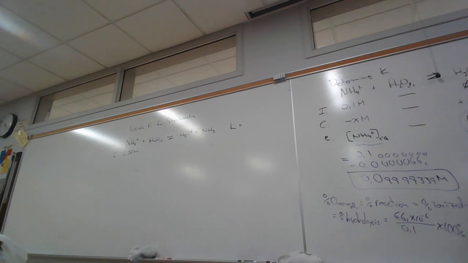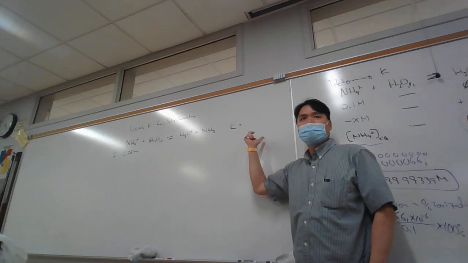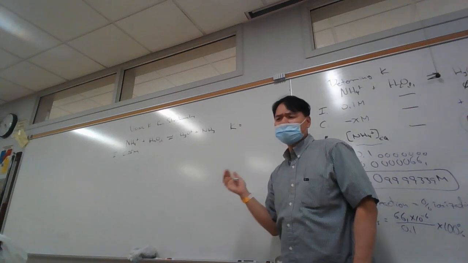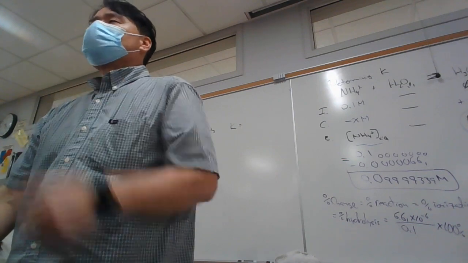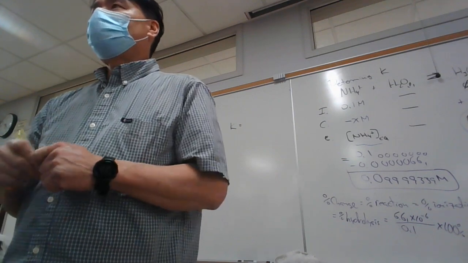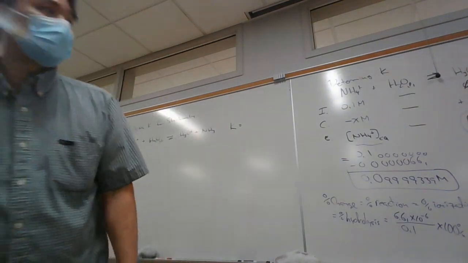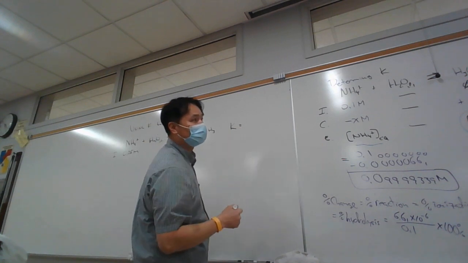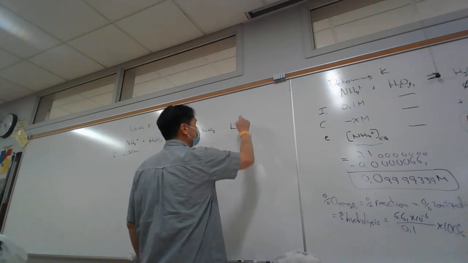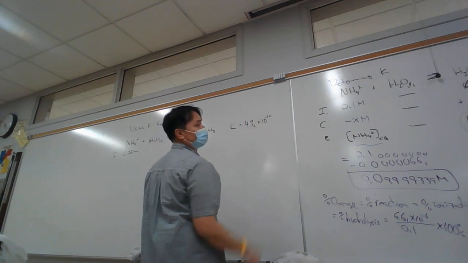If K is off, then what we should use is the experimental K value here. And so let's do that. Because what that means is we're using the same solution to make our dilution, so it would be more appropriate to use this. And so we're going to use 4.36 times 10 to the minus 10 here.